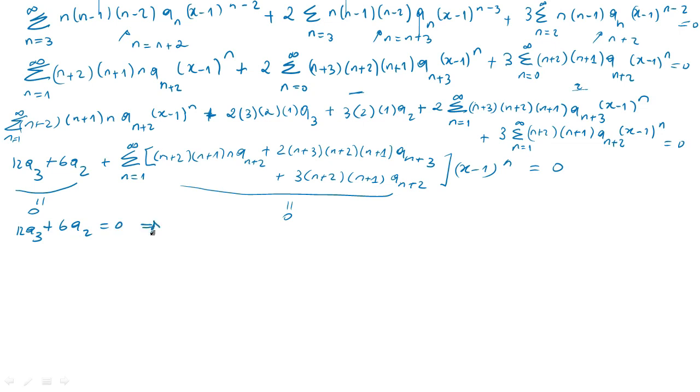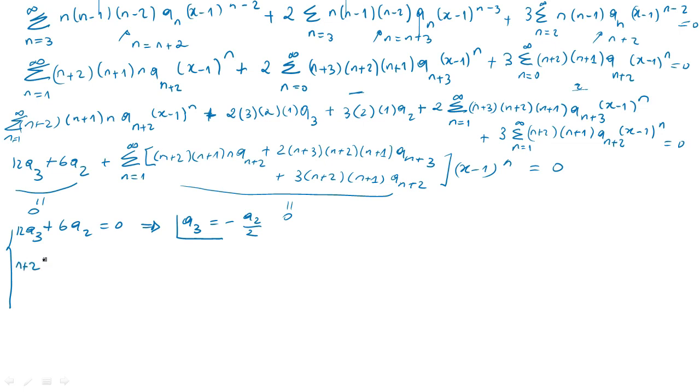So this will mean that a3 is negative a2 over 2.